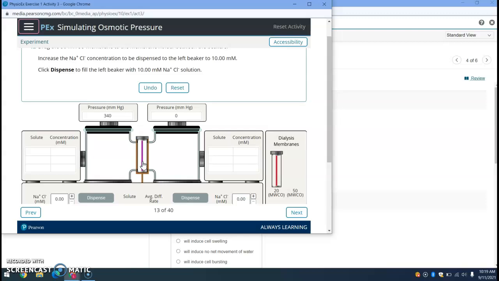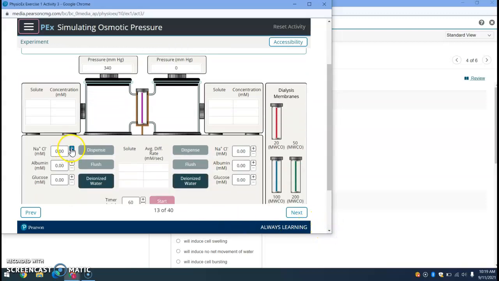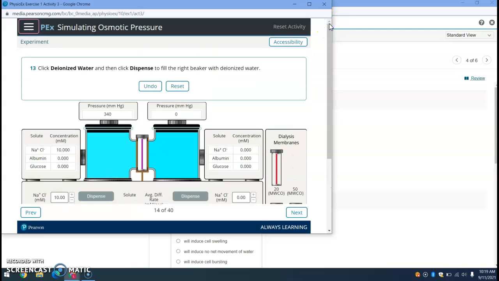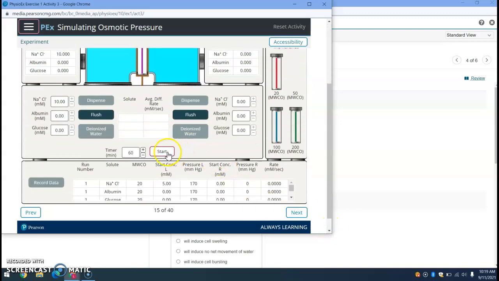And so it's telling us to increase the concentration to 10 of the sodium chloride. And then click Start. Going to simulate 60 minutes.